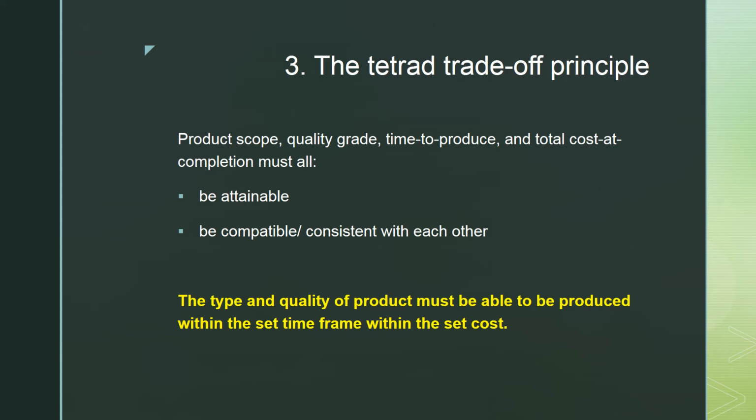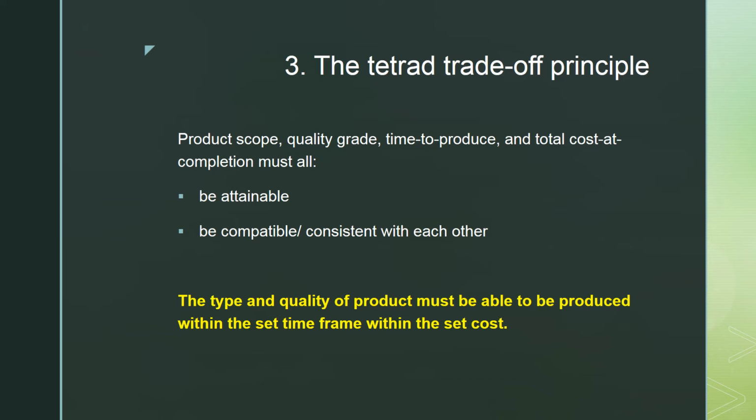Everything in this particular list, product scope, quality grade, time to produce, and total cost at completion, all these aspects must be attainable without exception. Not most, not some, but all of these must be attainable.